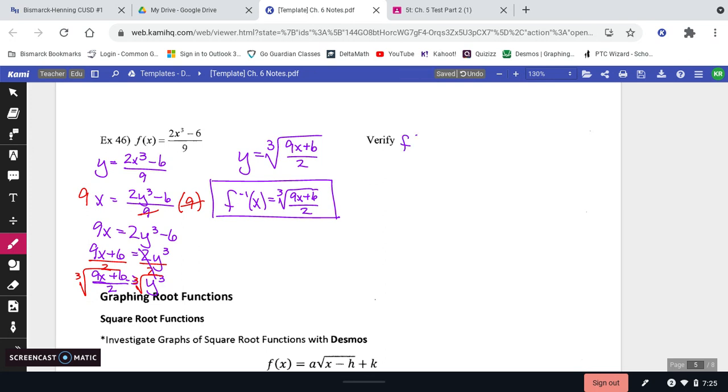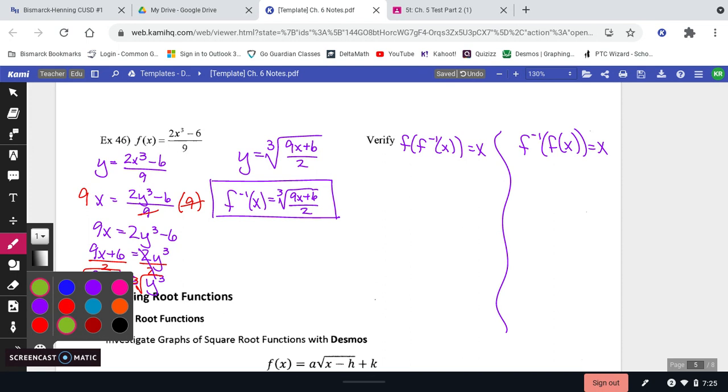Okay, to verify, we're going to do the same thing we did a minute ago. So we need to show f of f inverse of x equals x, and then f inverse of f of x equals x. Okay, so this first one, the inverse is going to go inside of function f.